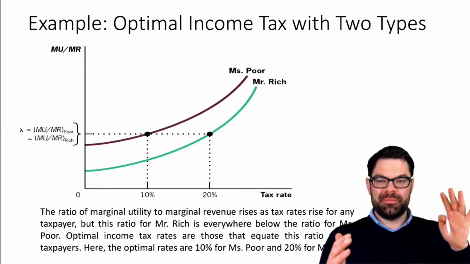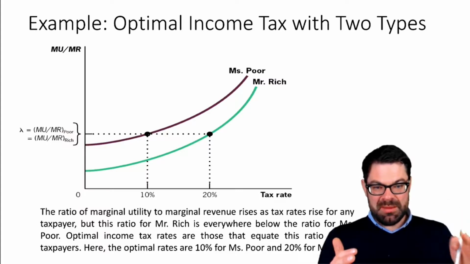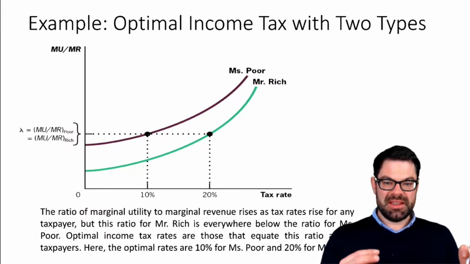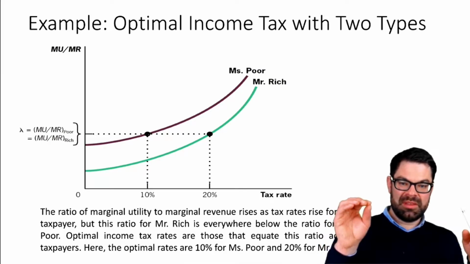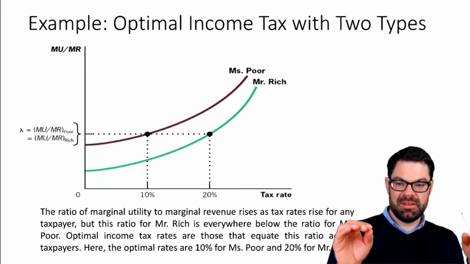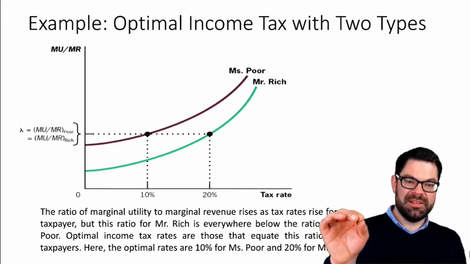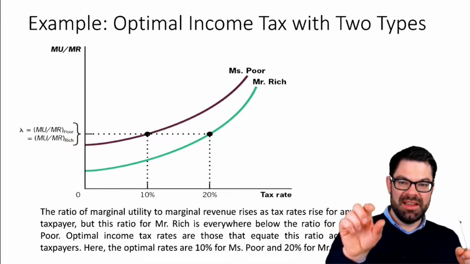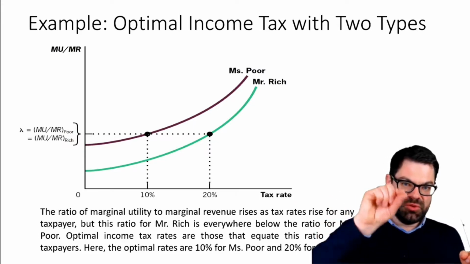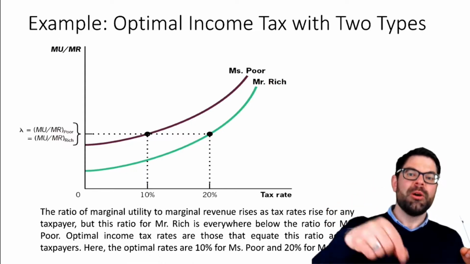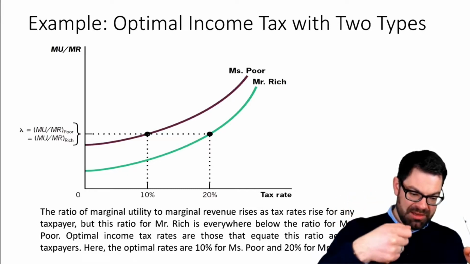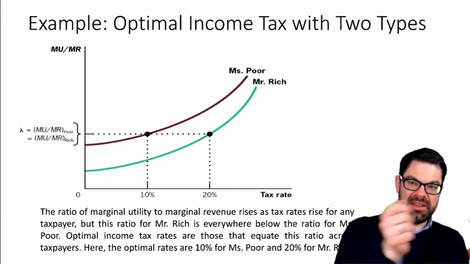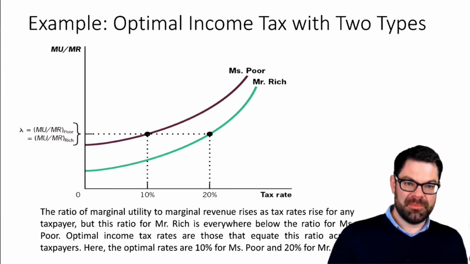Now, what the Ramsey Rule tells us then is that we should, in the optimum, tax each person differently, but tax them such that this ratio between the utility gain they have from an increase in revenue is equalized across people. Okay?